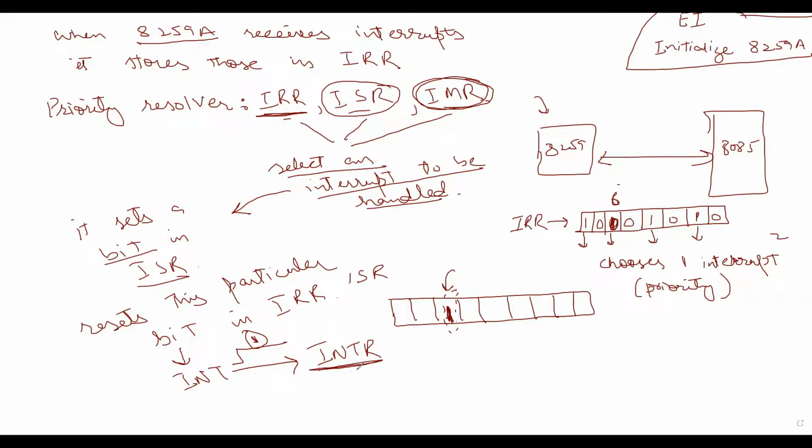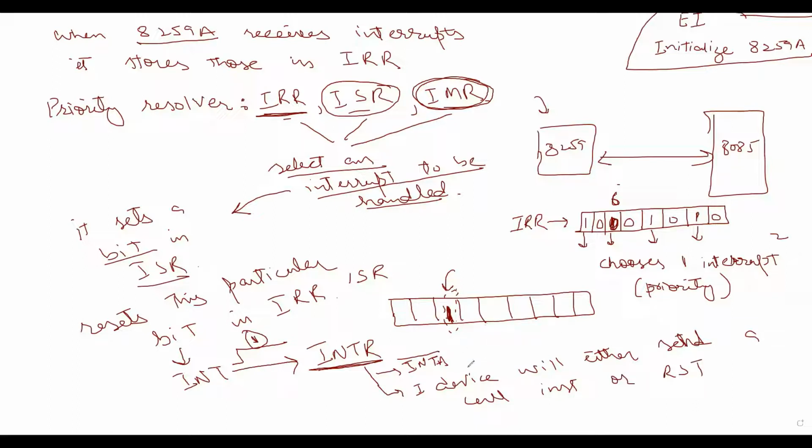Okay, so when microprocessor 8085 receives this INTR, what is the general procedure? The general procedure is that the microprocessor will send INTA, and after that, the interrupting device will either send a call instruction or RST. However, in this particular scenario, which one is the interrupting device? 8259 is the interrupting device.